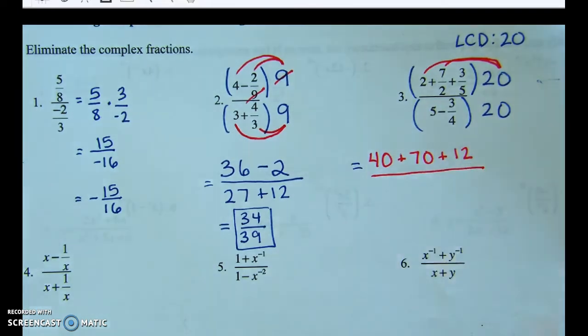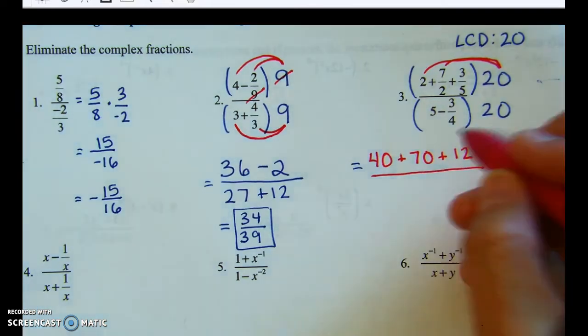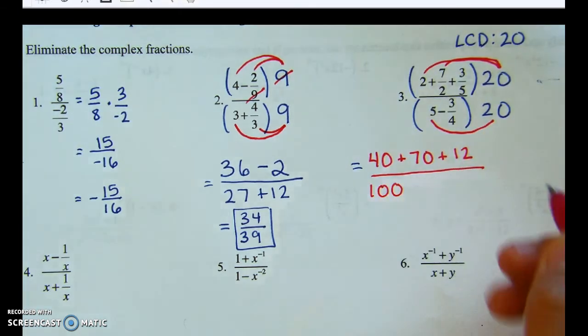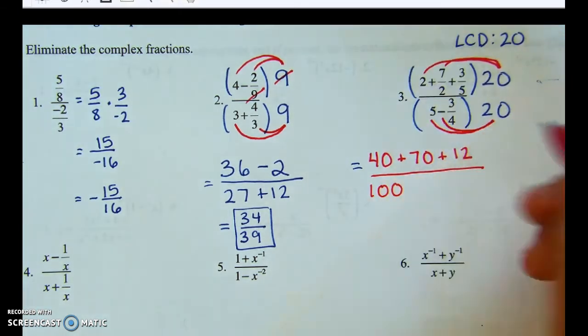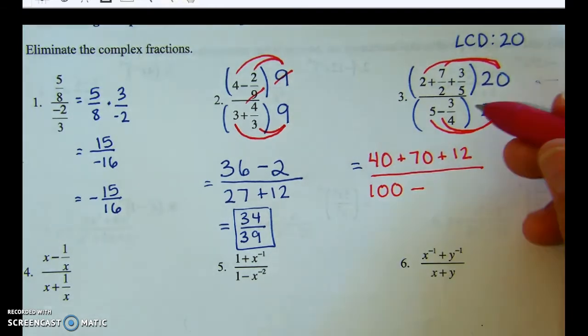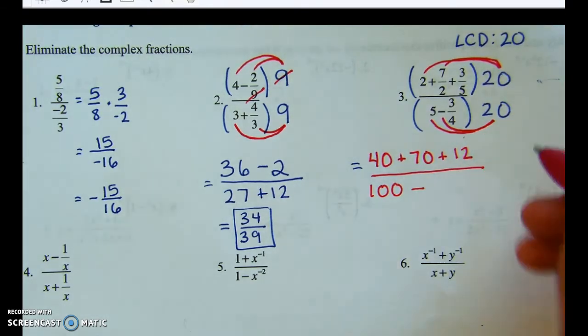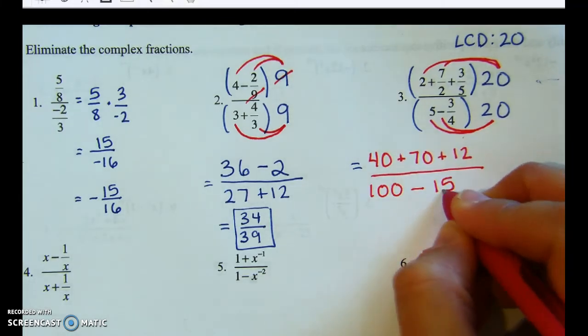Okay, all over. Now the denominator, 20 times 5, 100. And then minus 3 times 20 divided by 4. There we go.